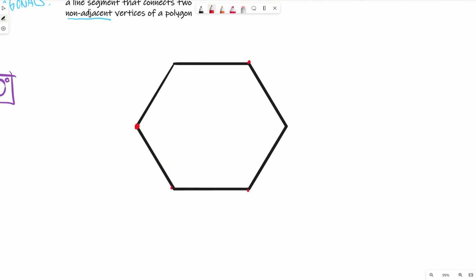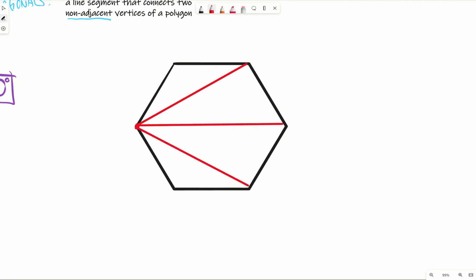I just choose one starting point, and I'm going to draw to all the non-adjacent vertices. So here is a non-adjacent vertex, here is one, and here is one. So how many triangles have I created here?